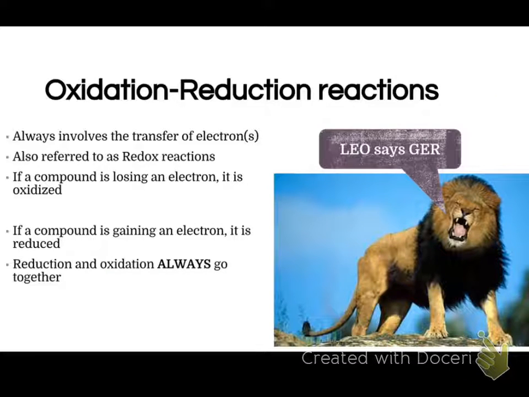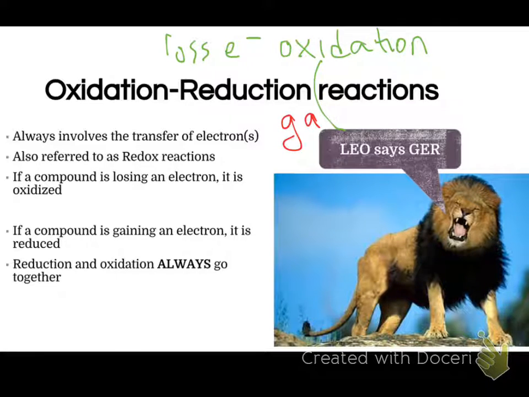In order to remember what oxidation and reduction mean, we have a little saying. LEO says GER. This means the loss of electrons is oxidation. That's LEO. And the other part is the gain of electrons is reduction.